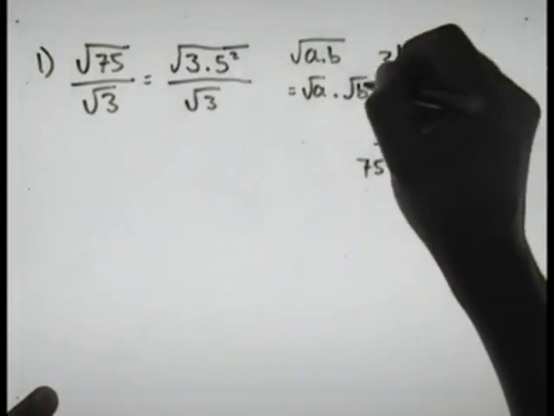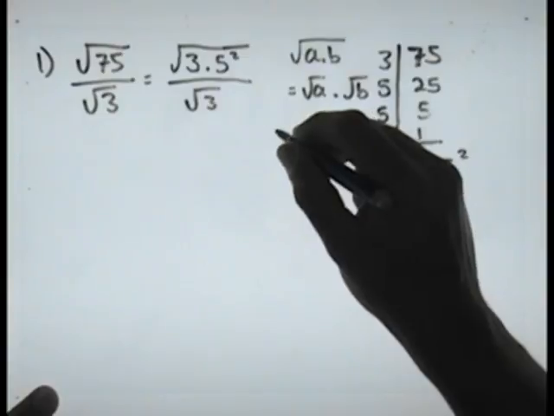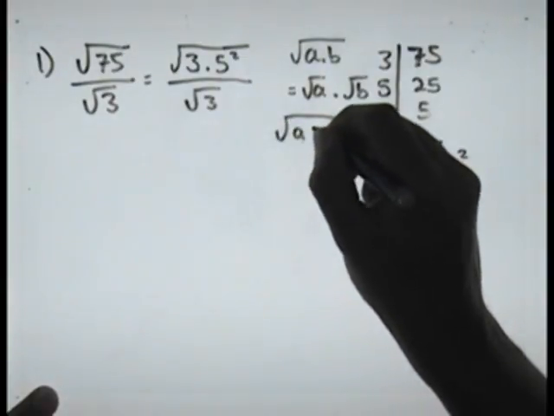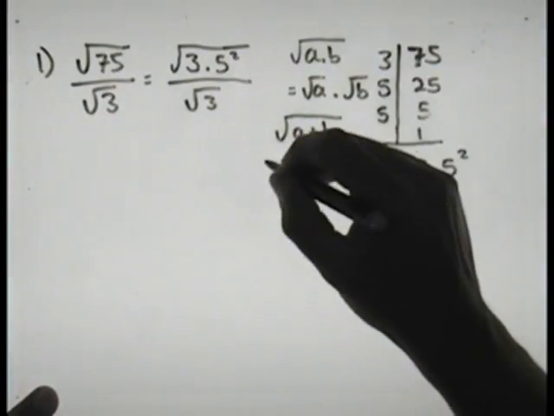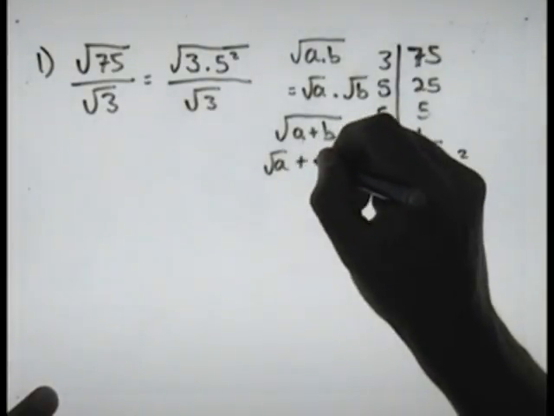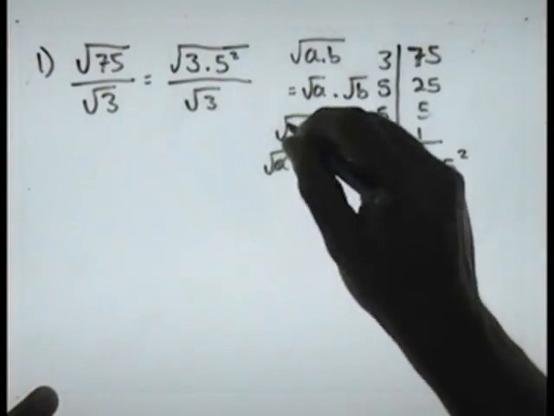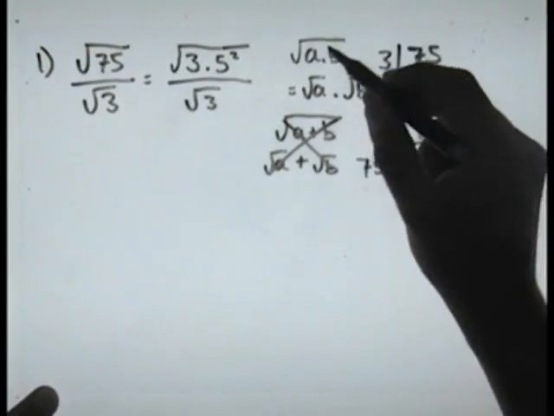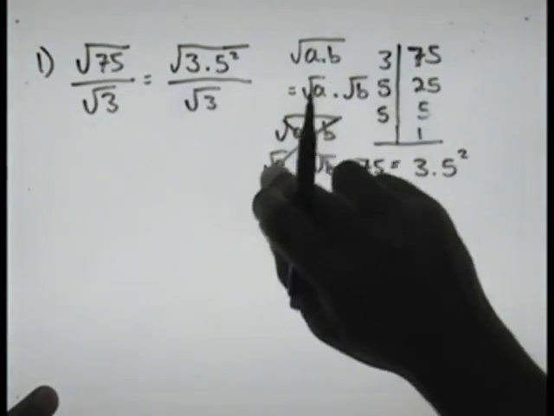We can split up the square root. Just a warning, we cannot say square root of a plus b is square root a plus square root b. We can't do that. But we can do it with multiplication.